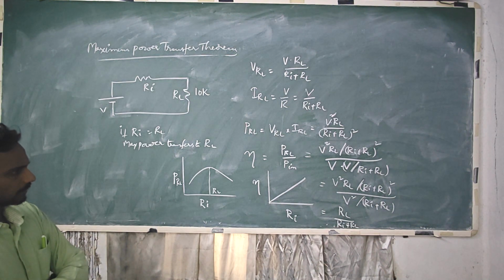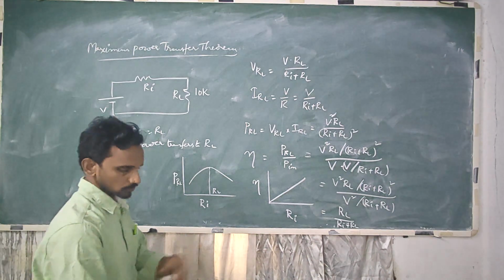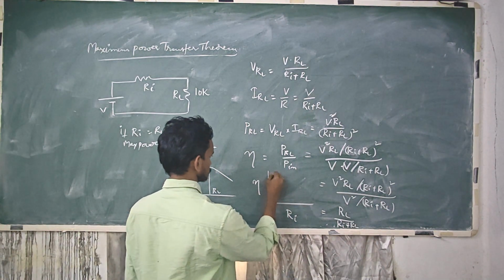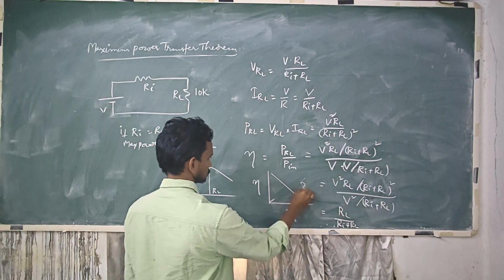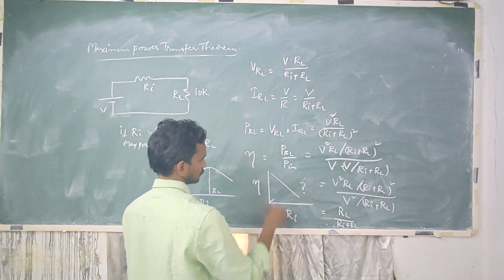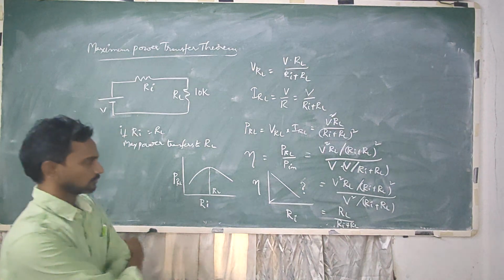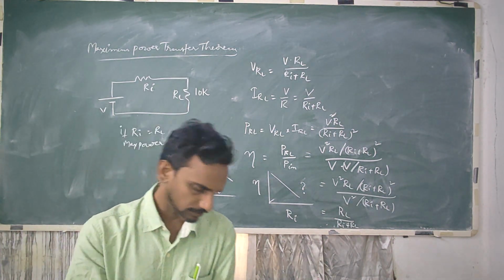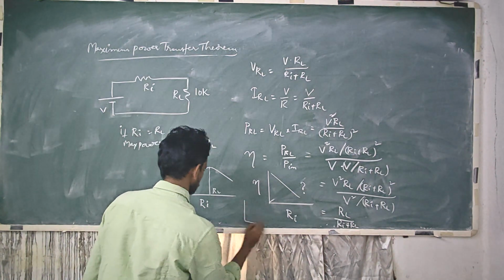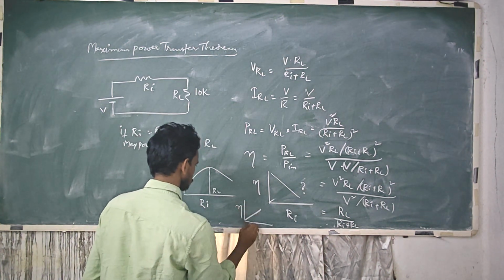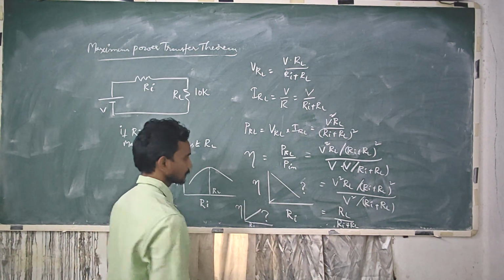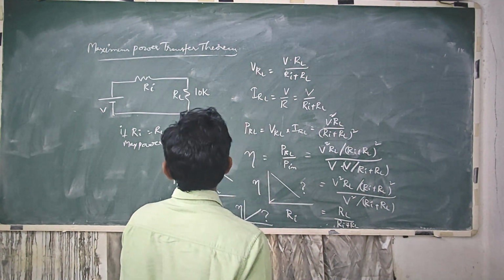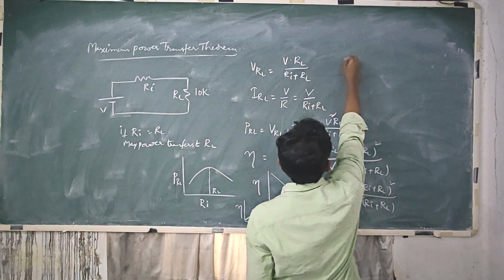And here Ri is a variable. So confirm this, whether it is falling or rising curve. What do you get? Efficiency as a function of Ri. You need to confirm that, either this one or this one. So the table is what?